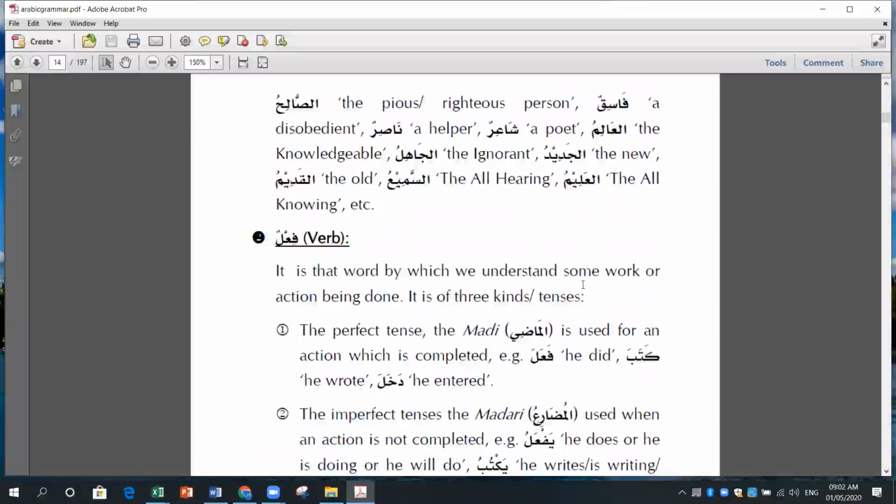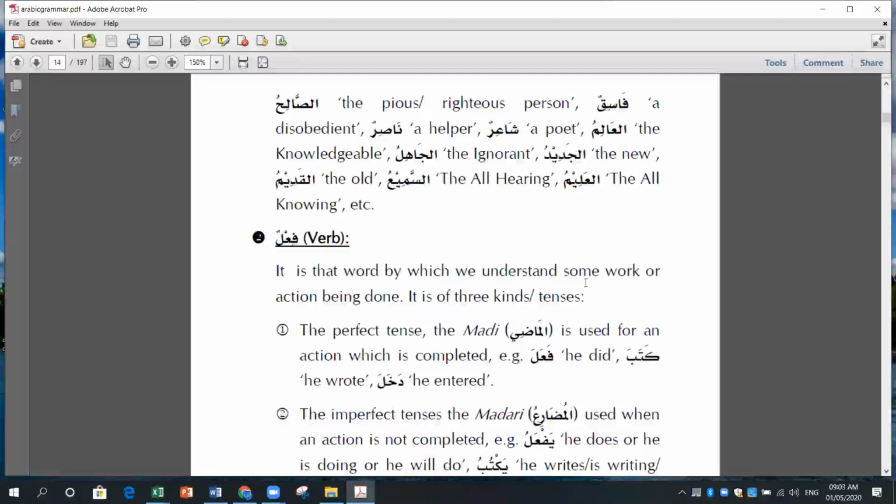So how many verbs or how many fi'l are there in the English language? Three, right? Past, present, and future. Yes, we call them three forms of verb, or three types of verb.